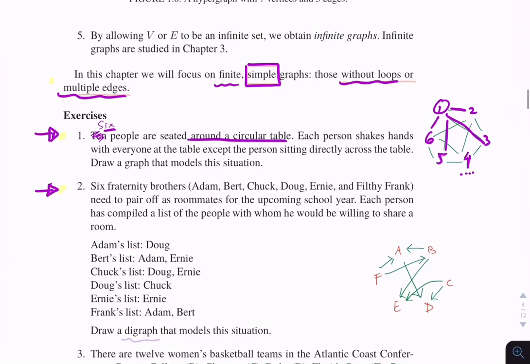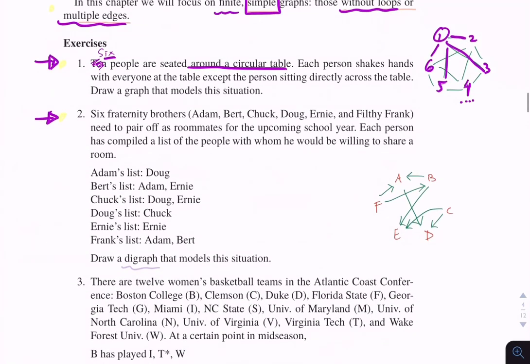In the second situation, we want to pair off as roommates a group of people, and each person has compiled a list of the people with whom they would be willing to share a room. So there are 6 people. Let them be A, B, C, D, E, F. For example, Adam says that he's willing to room with Doc.